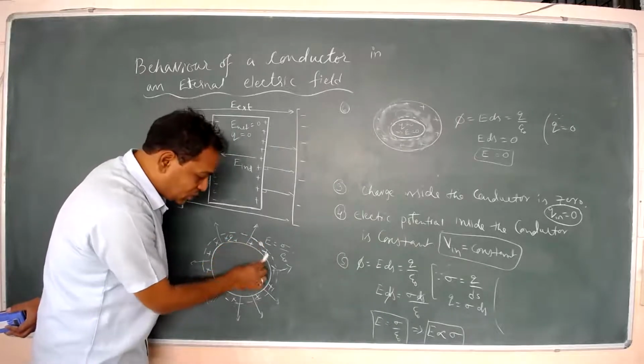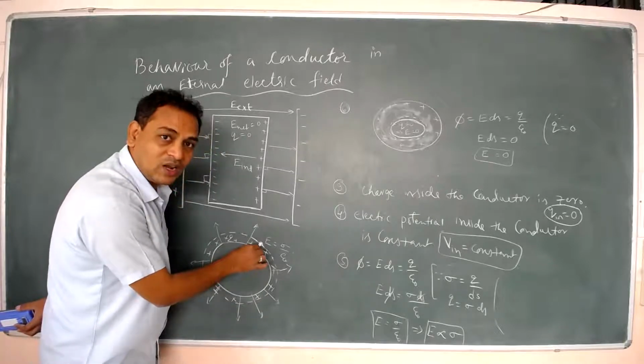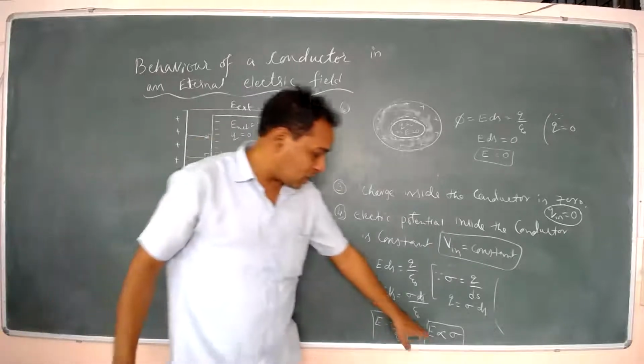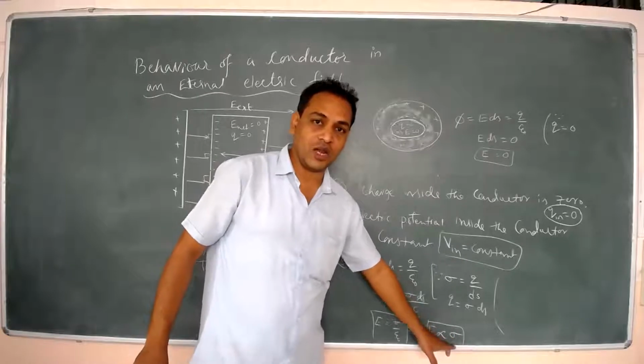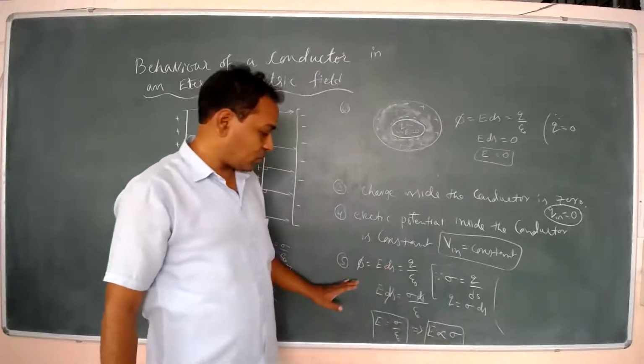If you take a lesser charge density value, then the electric field will be weaker. That means just outside the conductor, the electric field is directly proportional to charge density. Charge density is more means electric field will also be more. So this is the fifth point.